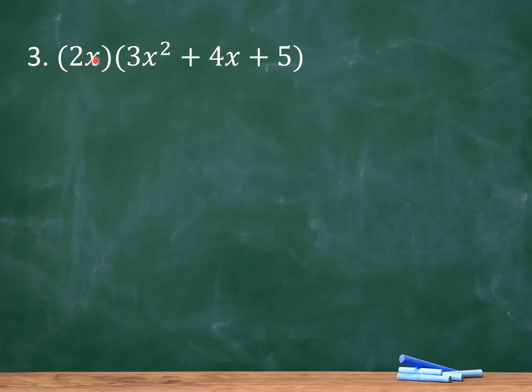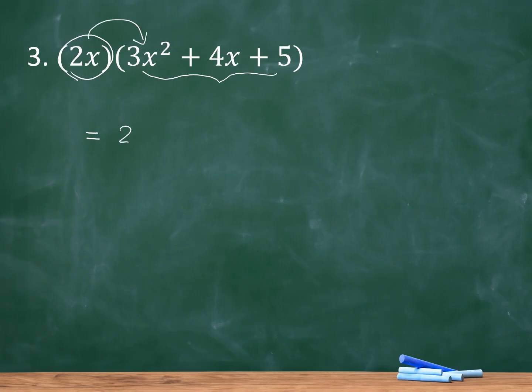Example number 3. 2x times (3x squared plus 4x plus 5). So this time we have a trinomial inside the parentheses. So what we're gonna do, we will multiply 2x to each of the terms inside the parentheses. So we will multiply first 2x to 3x squared.